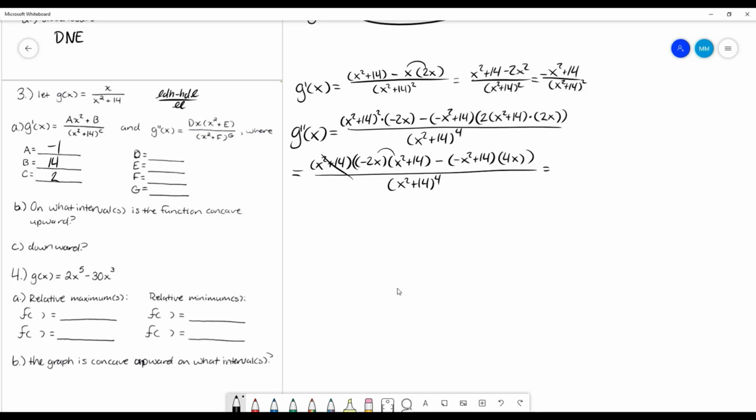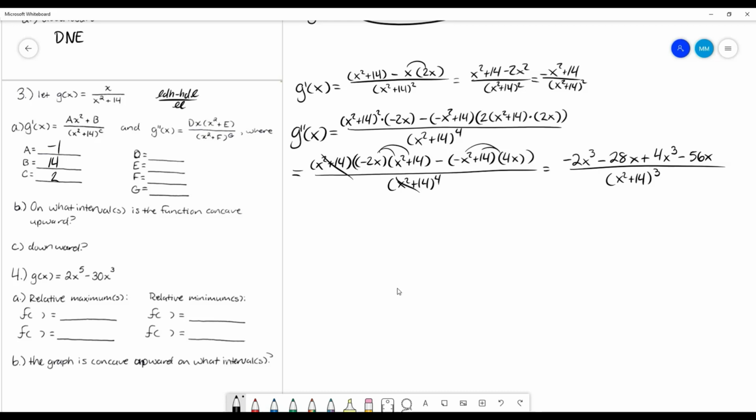Now we should probably distribute, I think. So negative 2x cubed minus 28x, then distribute, I'll distribute this first, and that's a negative, so just keep that in mind. So this turns into a plus 4x cubed minus 14 times 4 is 56x, all over this, because we canceled one out, right?